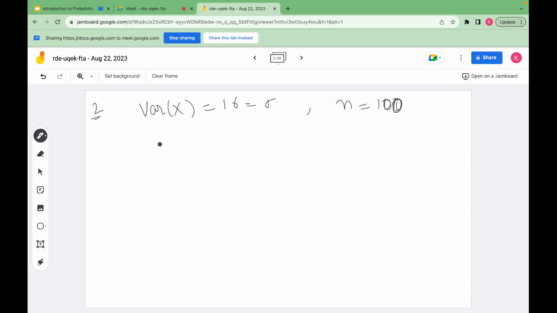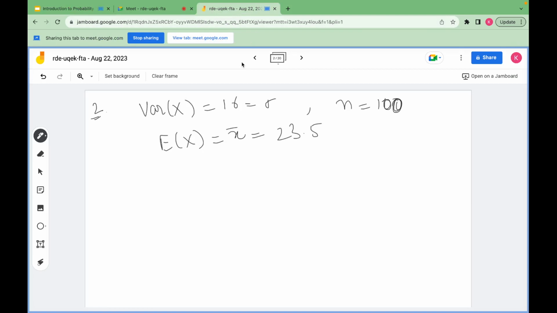The sample mean, or we can say the expectation of x or x bar, is 23.5. So the population variance is given as 16, sigma squared, the sample size is 100, and the sample mean is given as 23.5.